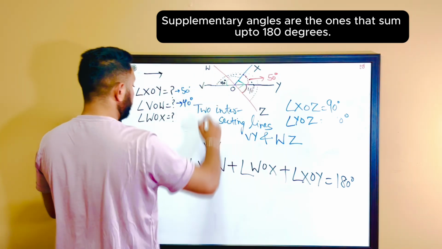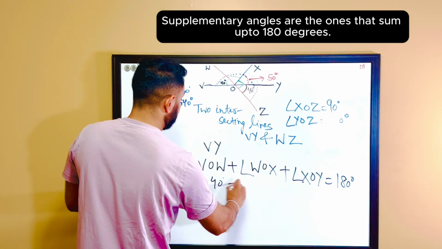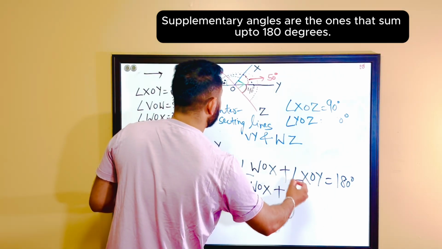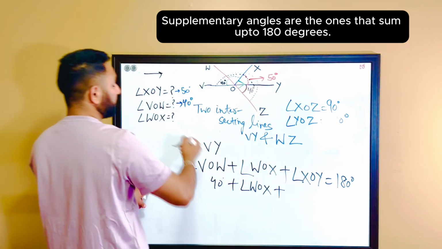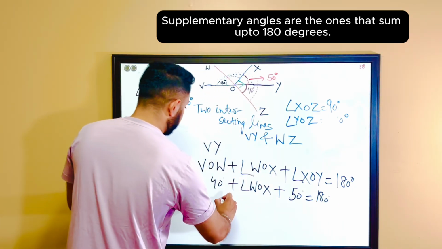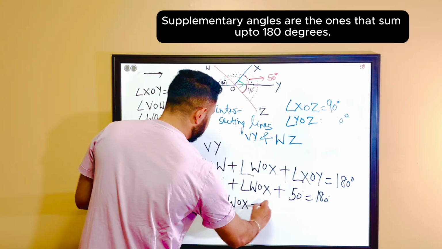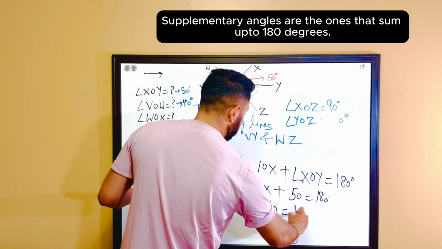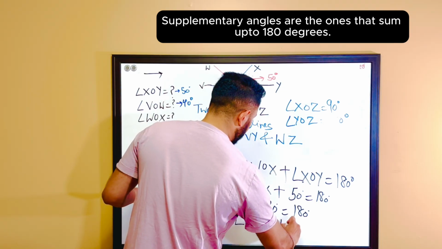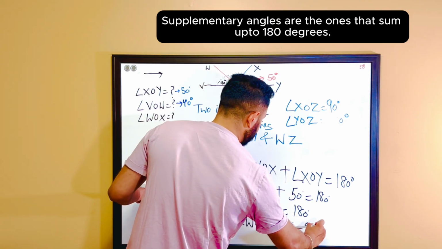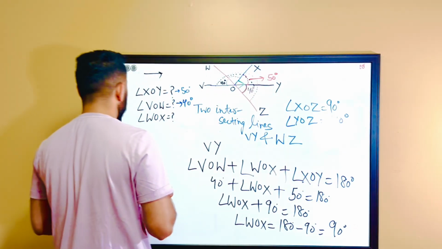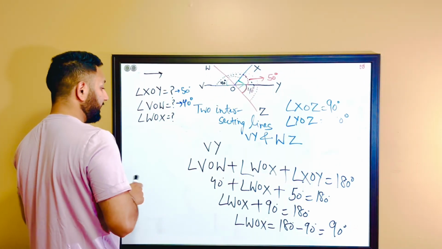So VOW is 40 and WOX plus XOY, which is 50. So WOX plus 90. So that means WOX is 180 minus 90. So WOX is 90 degrees.